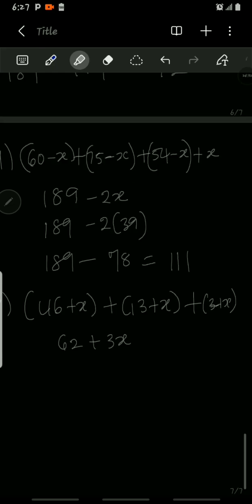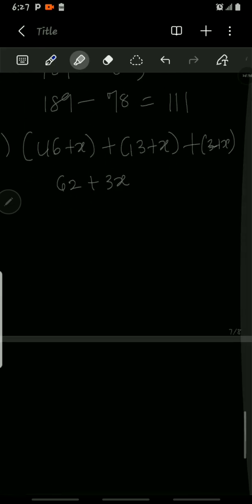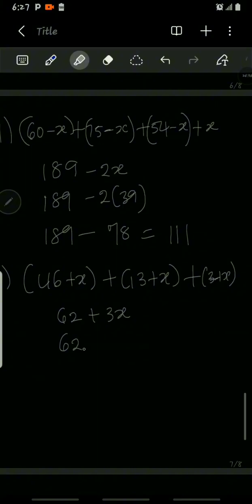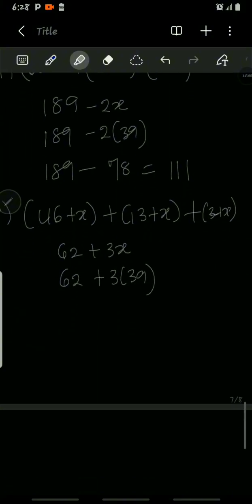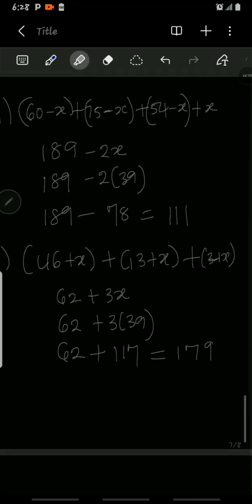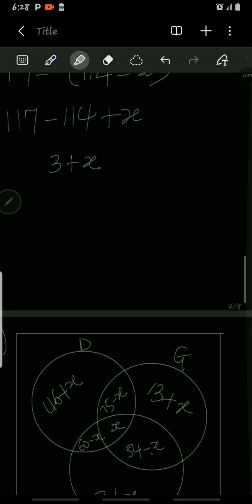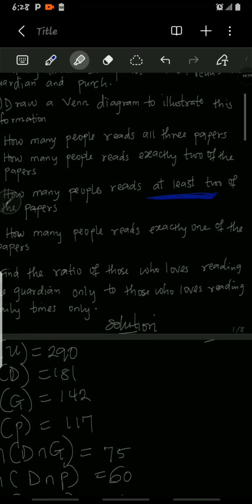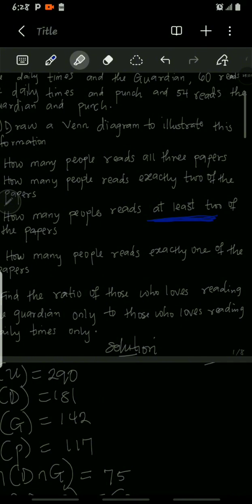Okay, so put the value for x here as a 39, so we have 62 plus 3 into 39, and when you multiply this, you have 117, and when you add 62 plus 117, you have 179. That means 179 people read exactly one of the papers.